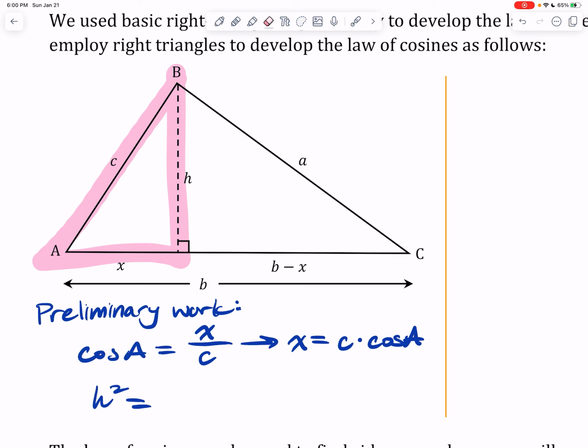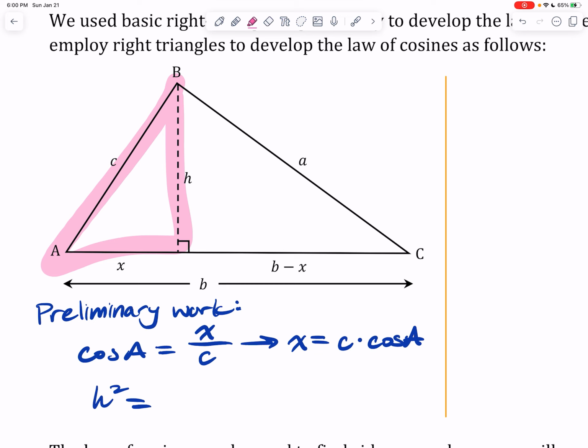We're also going to use that triangle with finding h squared. We can use the Pythagorean theorem. The Pythagorean theorem says the sum of the squares of the two adjacent sides will be equal to the square of the third side. Only for right triangles, but hey, that is a right triangle.